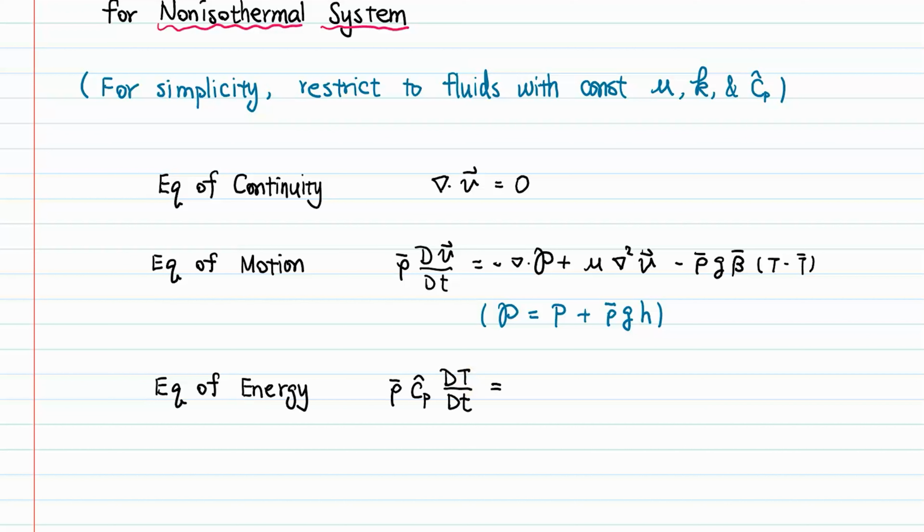This equals the thermal conductivity times the Laplacian of temperature, and plus, if it exists, we would still have the viscous dissipation or viscous work that's contributing to energy transport. Okay, so here are our three equations of change listed down for non-isothermal systems.